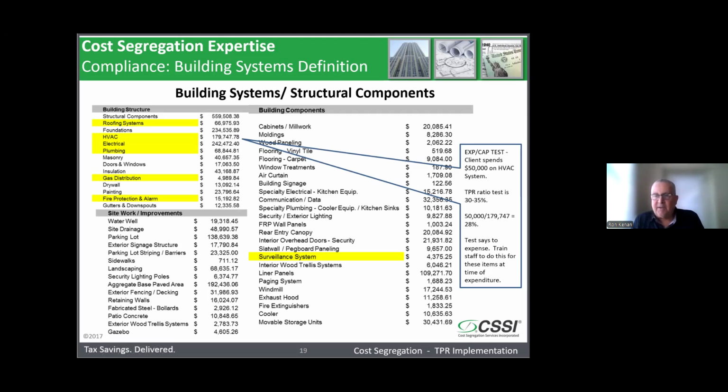If you spend less than 33% of the value of that HVAC, you can expense it, okay? Now, maybe HVAC is not a good example, but if you look at a roof valued at $66,000, if you spend a third of it to repair the roof, you can actually deduct it all as an expense, okay?